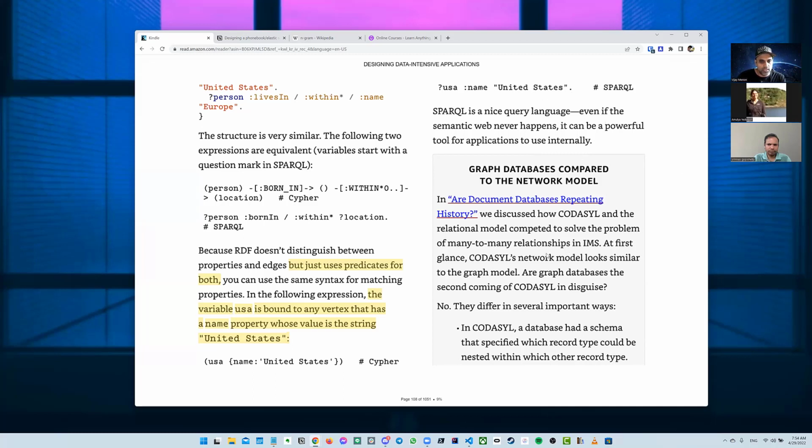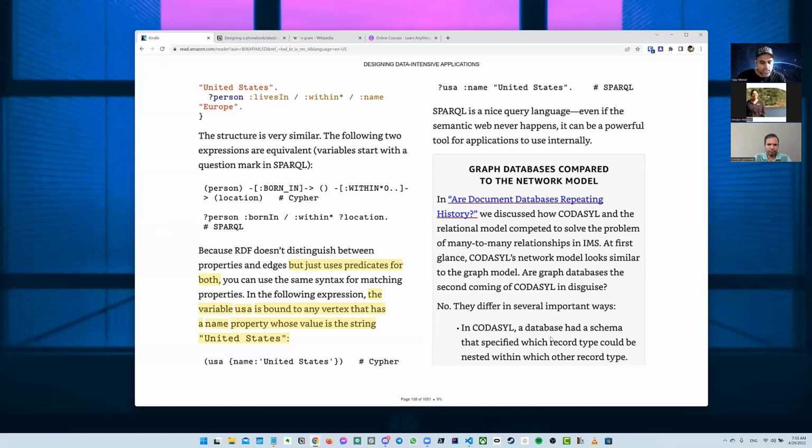This next section basically talks about: are we repeating history? CODASYL and the relational model basically competed to solve the problem of many-to-many relationships. CODASYL is the original graph traversal methodology that we discussed at the beginning of this chapter, and relational is more SQL based.